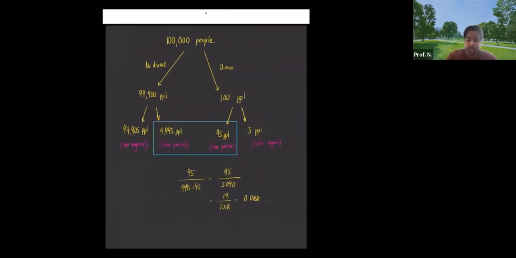Okay, so it's just a neat little situation that arises a lot in probability and stats with percentages. So you have to be careful what the percentages are. Okay, so Bayes formula at its finest.